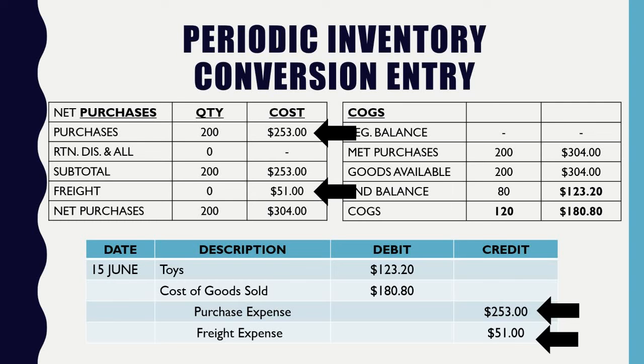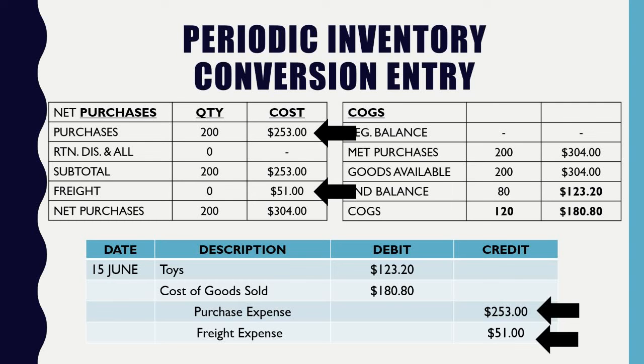So I'm going to subtract out the $253 by crediting my purchase expense account. If you remember the accounting model, when we increase our inventory with the purchase expense, we debit our accounts. In this case, I'm decreasing my purchase expense account by crediting it by $253.